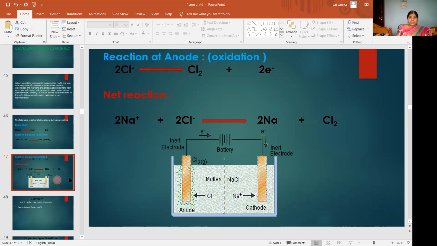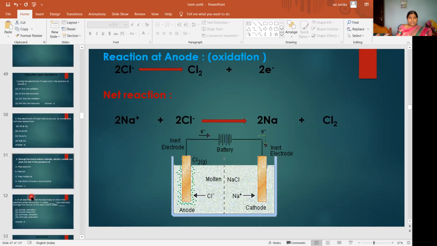So at the cathode, sodium metal is deposited, and at the anode, chlorine gas is liberated. This is about electrolysis of fused NaCl.